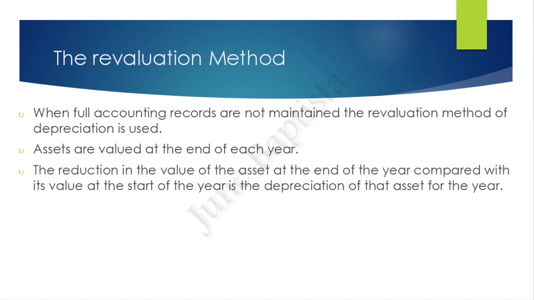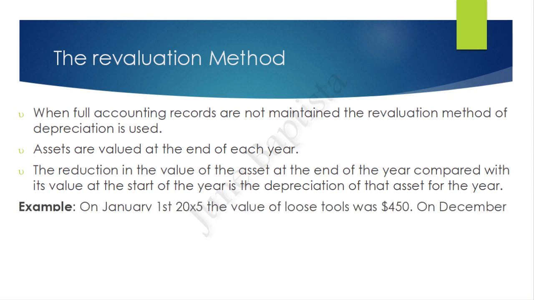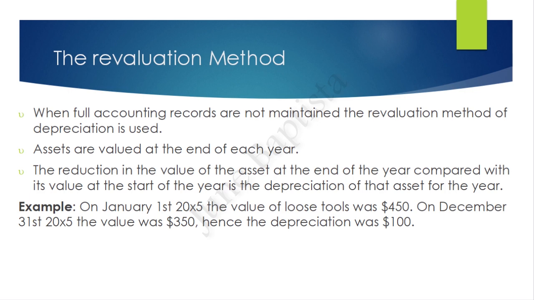The reduction in the value of the asset at the end of the year compared with its value at the start of the year is the depreciation of that asset for the year. For example, on the 1st of January 20x5, the value of loose tools was $450. On December 31st, 20x5, the value was $350.